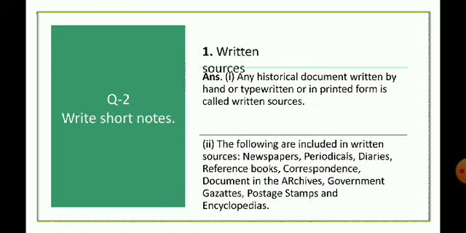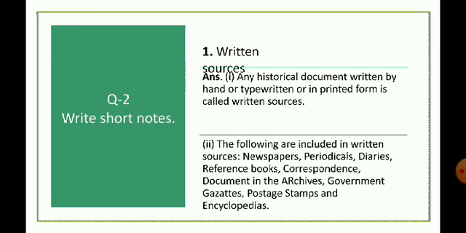Question 2. Write short notes. First one, written sources. Here are 2 points for the answer, children. You are expected to write each and every answer in points as I have noted down to you in this video.